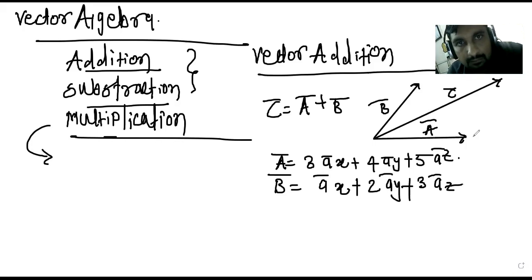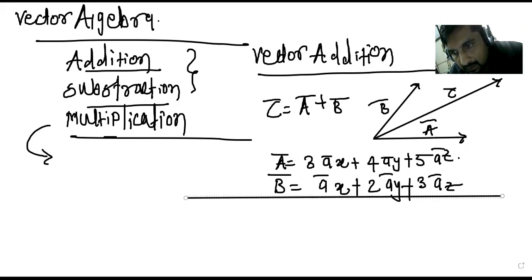If we have those two vectors, how do you find the resultant? You simply have to add the coefficients to obtain the final answer. C bar is equal to the addition of A bar plus B bar. So I'm going to add those two vectors. Simply add the coefficients. If this 3 is added with 1, the answer is 4 A bar x.